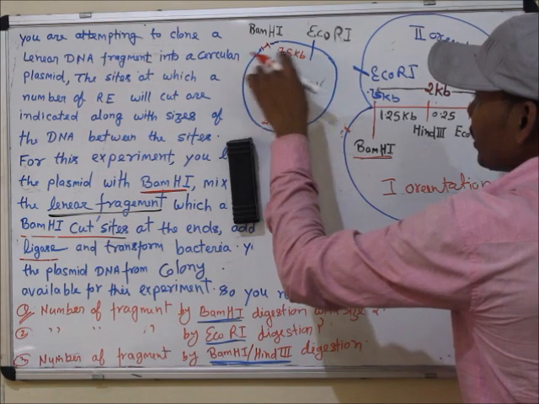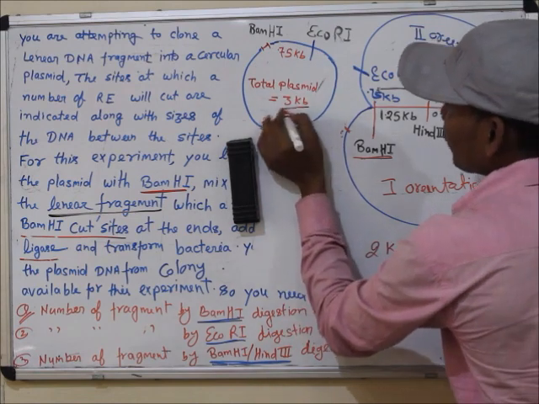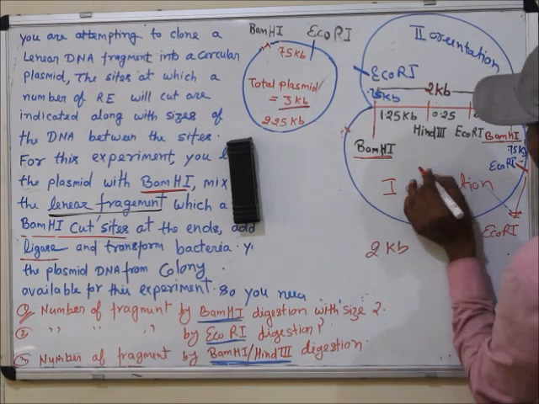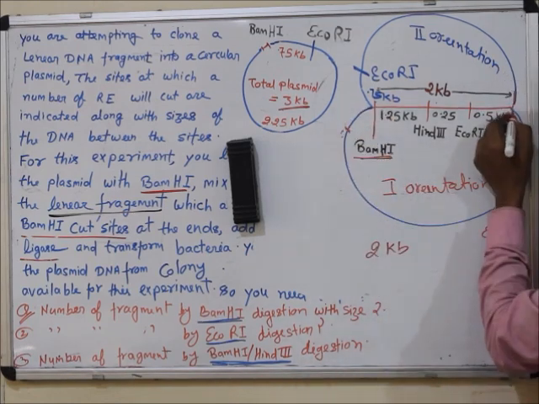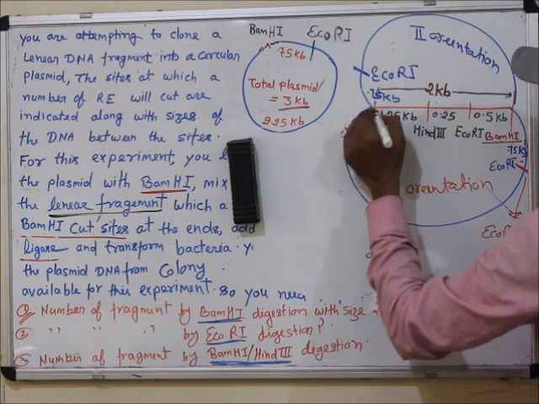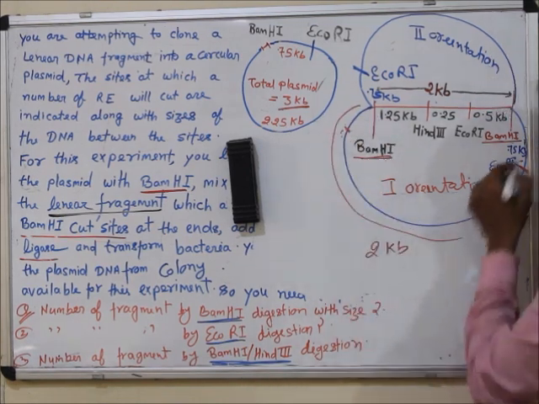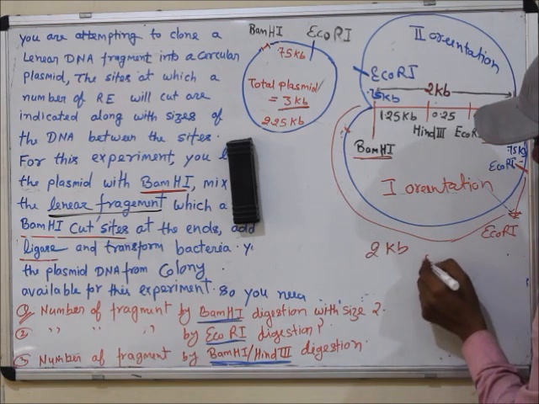The total length of the plasmid is 3 kb. So there are the remaining parts here. The only remaining part is 3 kb. Okay, this is 3 kb.